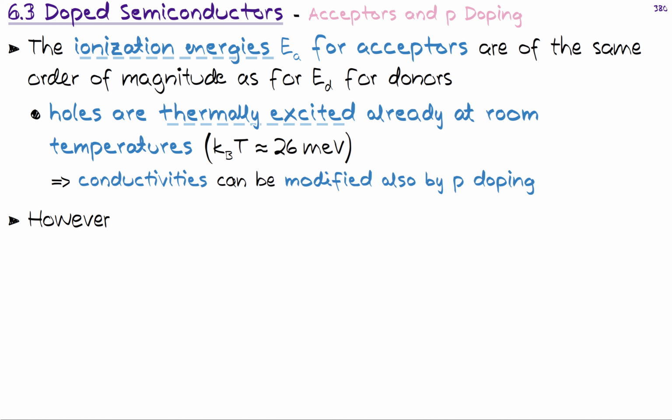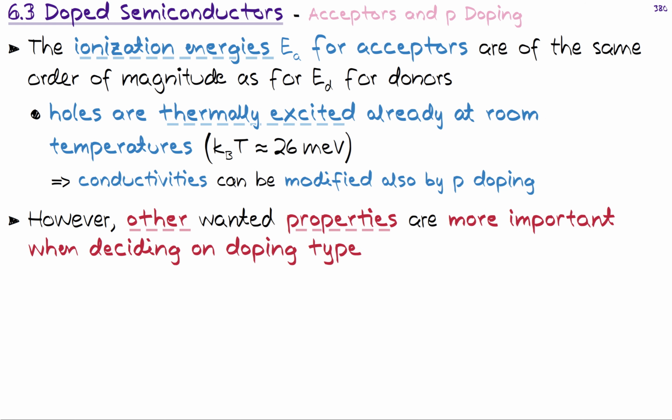Why, in practice, it's not just a matter of taste whether to dope by n or p-type doping, is that we are totally neglecting the changes that we will make to the semiconductor's other properties besides the electrical conductivity.